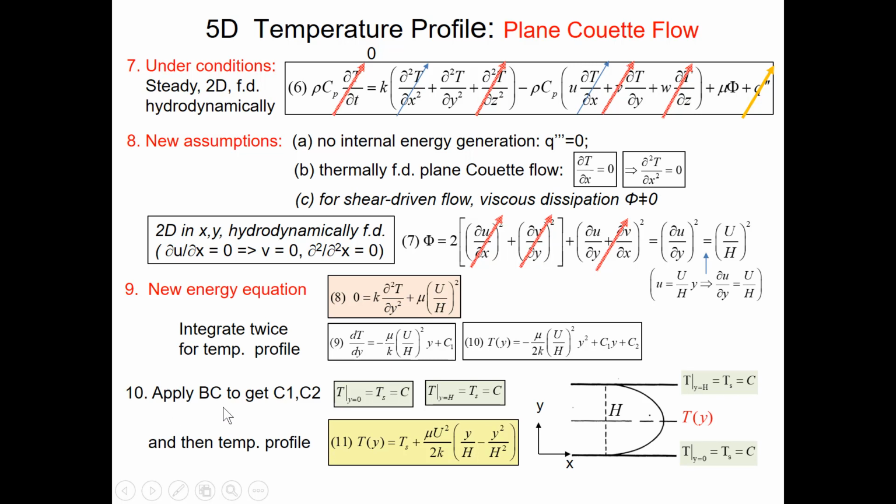Then apply the boundary condition to get C1 and C2 to obtain the temperature profile. By checking, it is noticed this temperature for the plane Couette flow is only a function of y. It doesn't change along the flow direction.